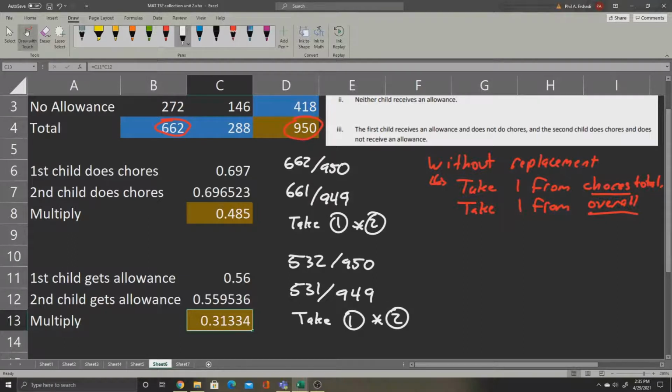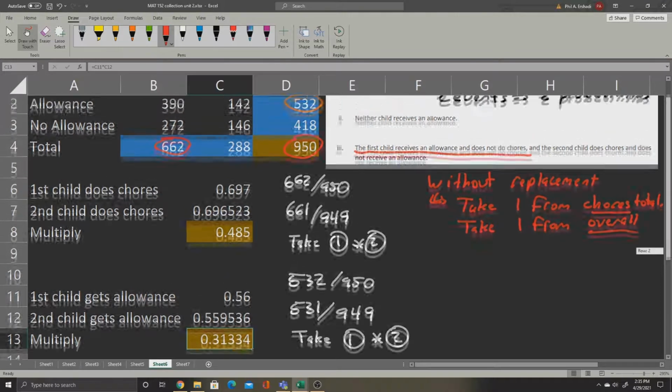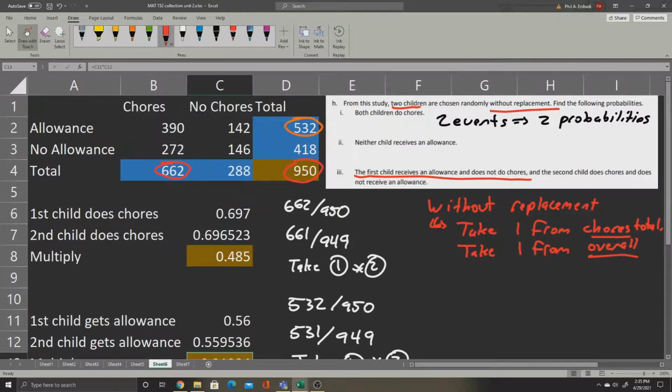So now let's move to part 3. We are asked the probability that the first child receives an allowance and does not do chores. Let's find this first. Let's look under allowance and not doing chores. That will be located underneath the no chores column and the allowance row, giving us 142.